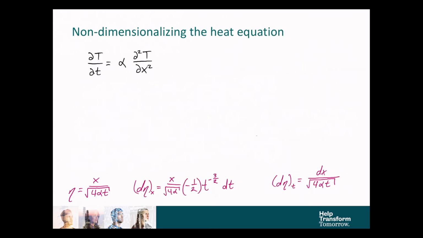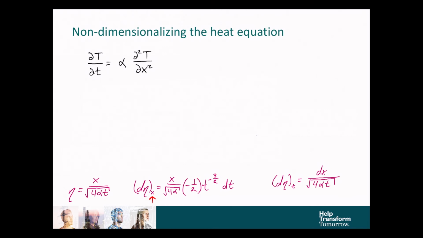Our next step here is to non-dimensionalize the heat equation. And this, as you know at this point, is a lot of algebra. So we'll start with our parameter eta down here. The definition of eta is given, and then we need to differentiate that with respect to both x and t. When we differentiate with respect to t, I'm going to hold x constant, and that's what the little subscript means.